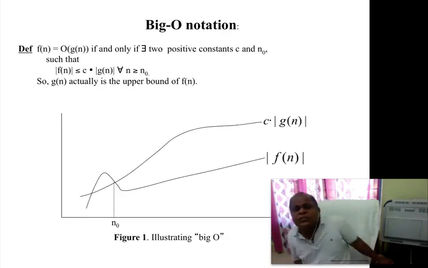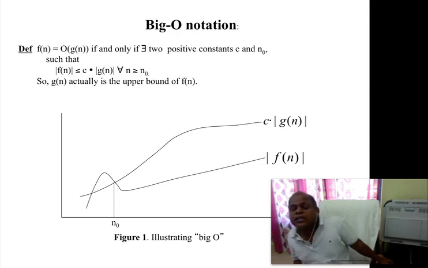Now, we will define a notation called Big O notation. These notations give the order of growth, and how the order of growth of a particular function is bounded; they give an upper bound for a particular function.